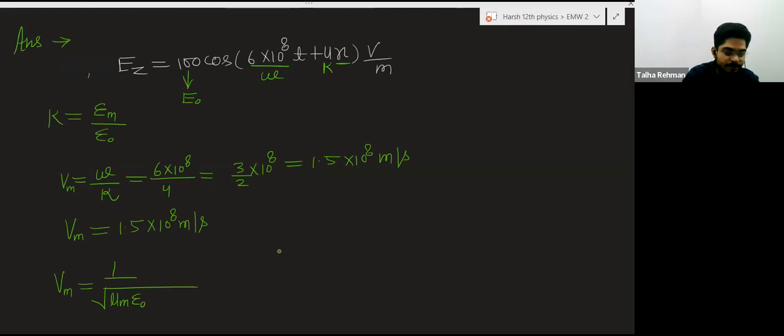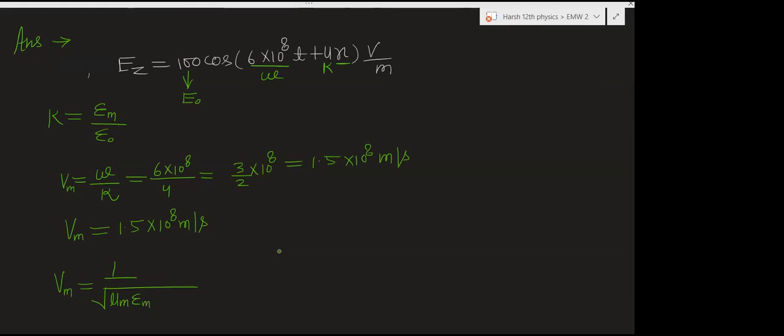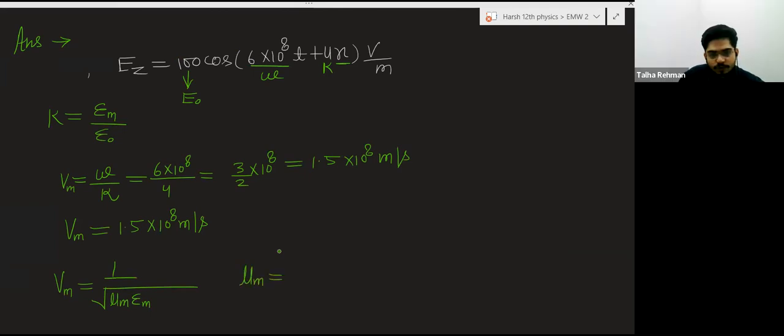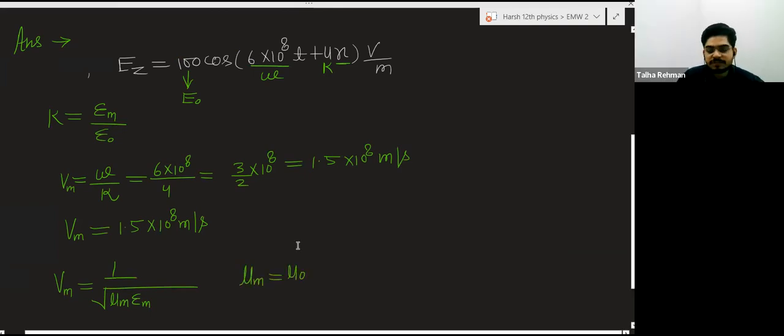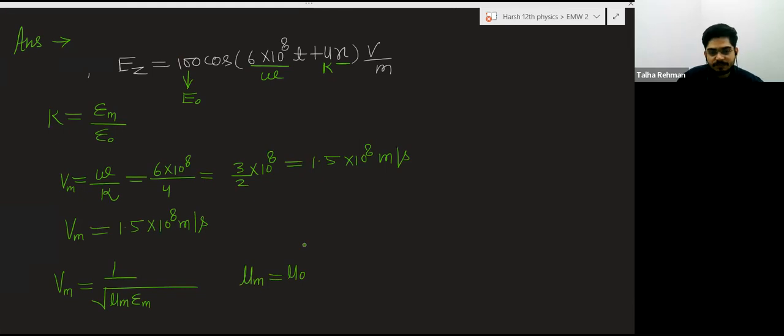Epsilon m means permittivity of the medium, and mu m is equal to mu naught, because the medium in which the wave is traveling is a non-magnetic medium.